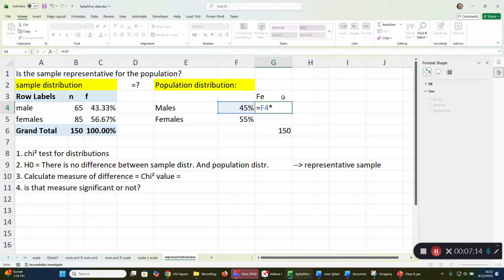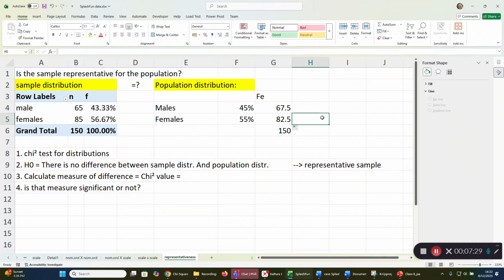So therefore we just apply the 45% on our sample size of 150. Let's fix the 150 with dollar signs such that we can drag down our formula, and then we see that we have an expected frequency of 67.5 males and 82.5 females. So that is the expected absolute frequency under the assumption of the null hypothesis, or under the assumption that our sample would have been perfectly representative.